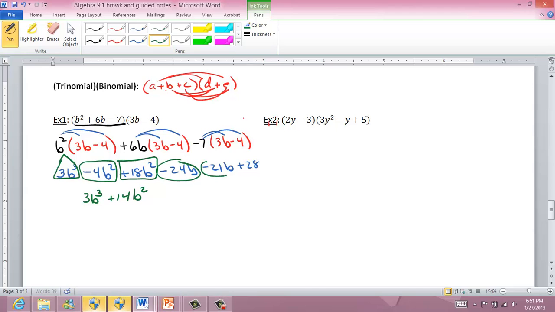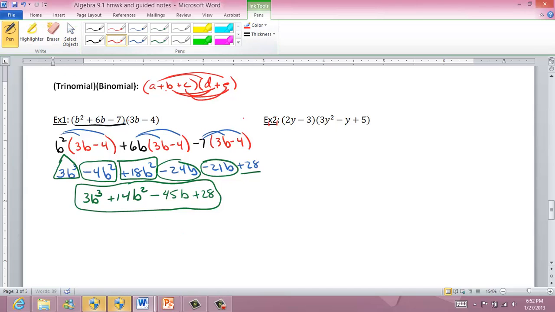Negative 24b minus 21b is going to give you negative 45b. And there's nothing to combine the 28 with, so we just write it down. Notice, we have no more like terms to combine. Our polynomial is written in standard form, and we have just multiplied a trinomial times a binomial.